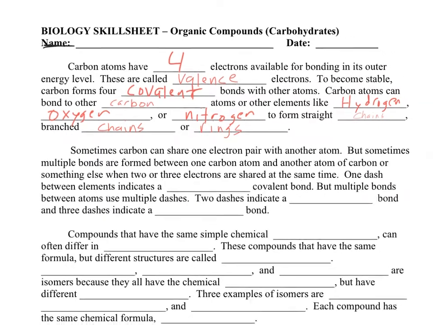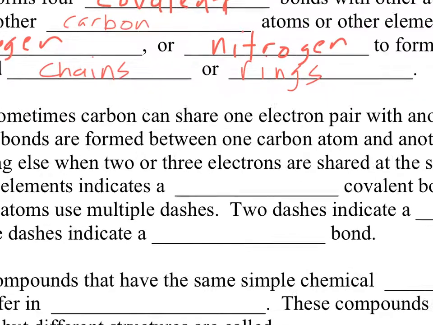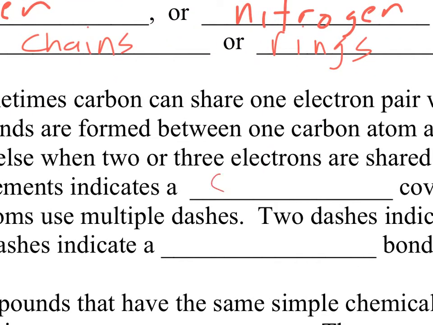Sometimes carbon can share one electron pair with another atom, but sometimes multiple bonds are formed between one carbon atom and another atom of carbon or something else when 2 or 3 electrons are shared at the same time. So one dash between elements indicates what type of bond?